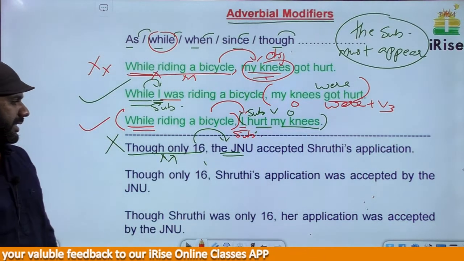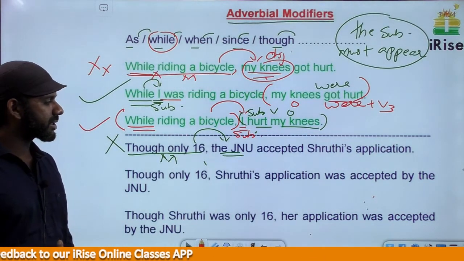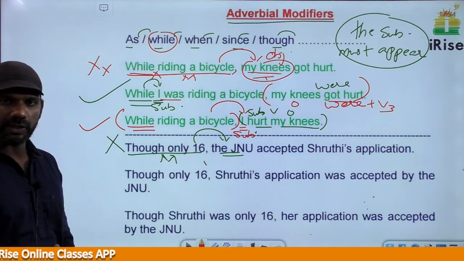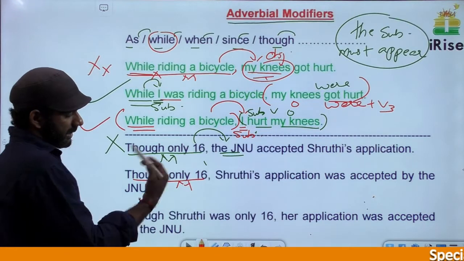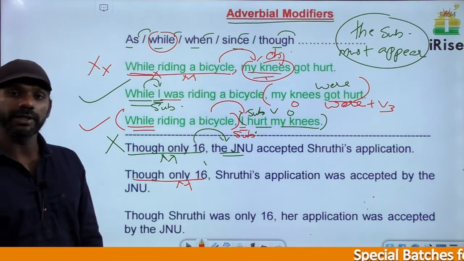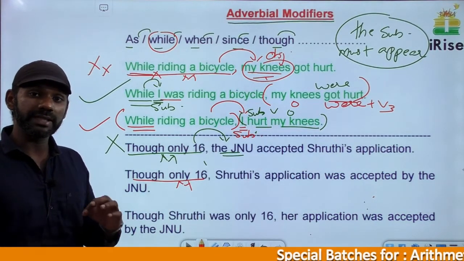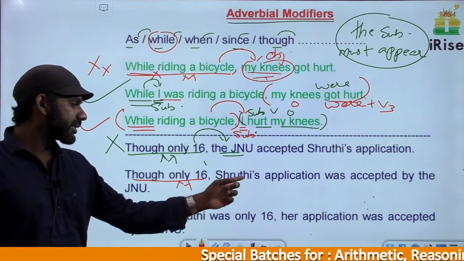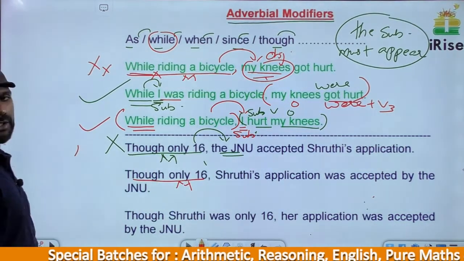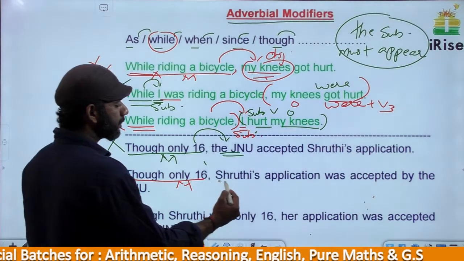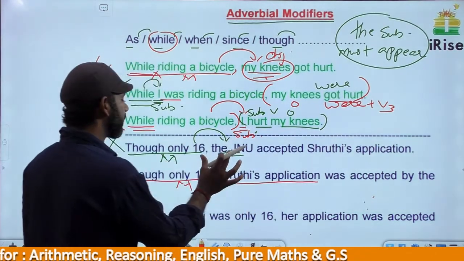Though only 16, comma, Shruti's application was accepted by the JNU. The modifier here is though only 16. The modifier comes very close to which word? Shruti or Shruti's application? Shruti cannot be taken as a word here because of the apostrophe. Shruti's application is the word here.